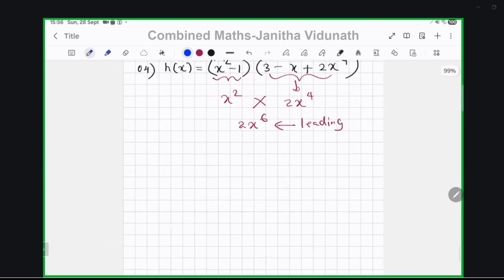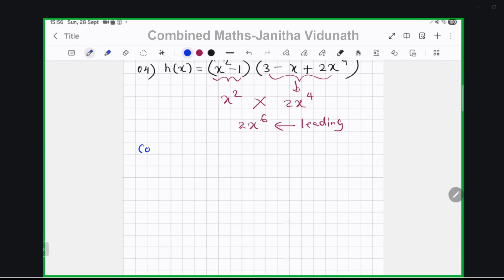Now write down a topic, coefficients. I think you already heard this name in your O levels also. Write down the topic, coefficients.